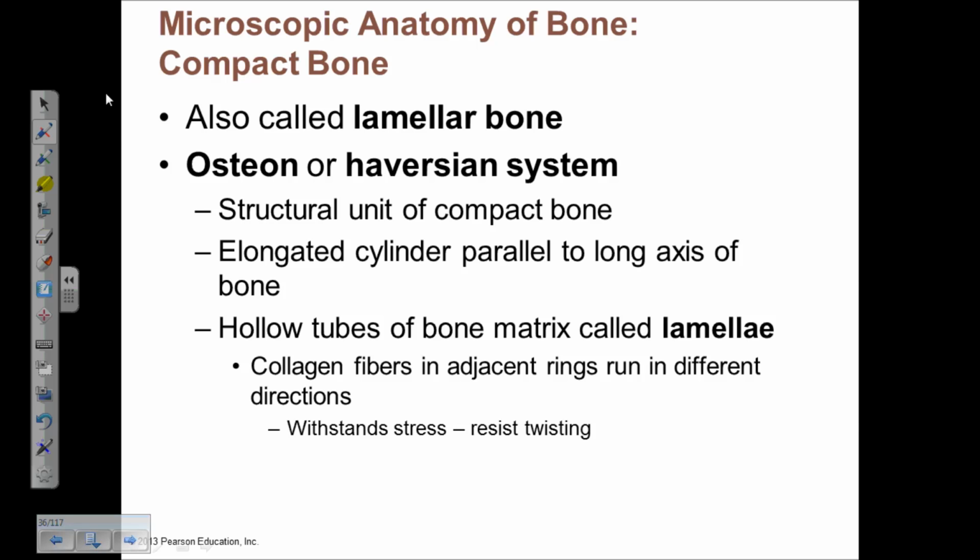You will take a look. Can you see? I don't know if you can see that. But what's important is that in each lamella, collagen fibers are oriented in a different direction. So that makes lamellae very resistant to twist. Make sense? Because collagen fibers are oriented in a different direction.